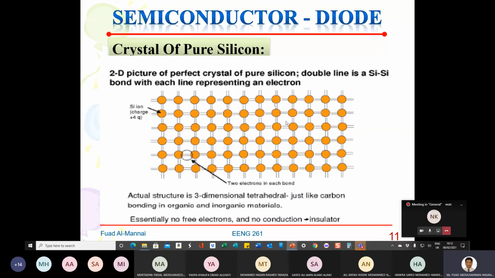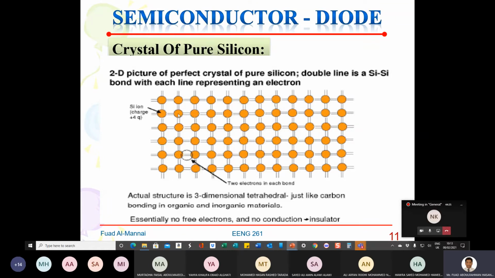These are the nuclei of the silicon. Each silicon shares 4 electrons with its 4 neighbors. For example, this one here shares 2 electrons with this one, 2 electrons with this one, 2 electrons with this one, and 2 electrons with this one.